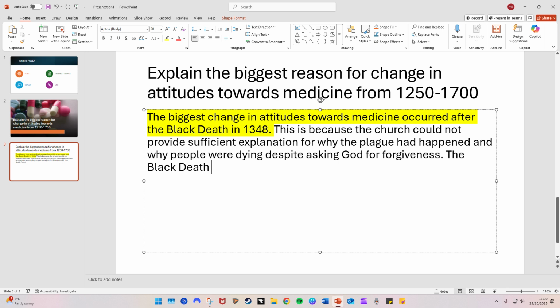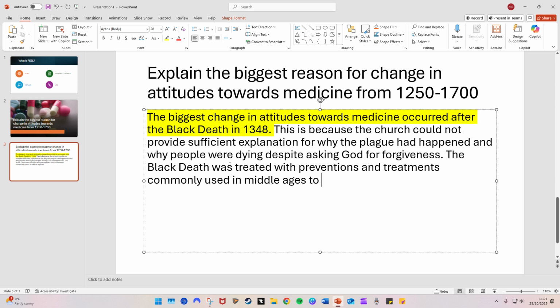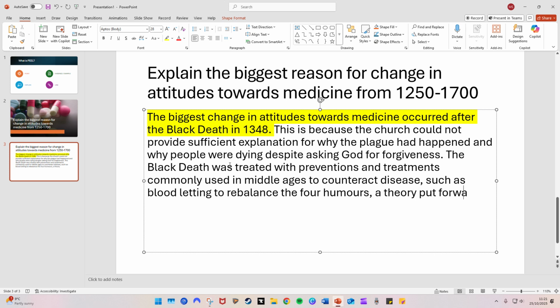So the Black Death was treated with preventions and treatments commonly used in the Middle Ages to counteract disease, such as bloodletting to rebalance the four humours, a theory put forward by Hippocrates and later developed by Galen.